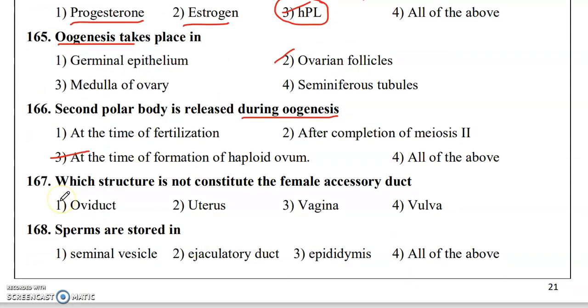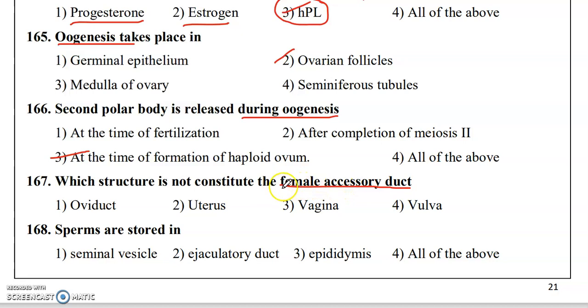Next one, 167. Which structure is not a part of the female accessory ducts? You know the male accessory ducts: rete testis, epididymis, vasa efferentia, vas deferens, urethra.